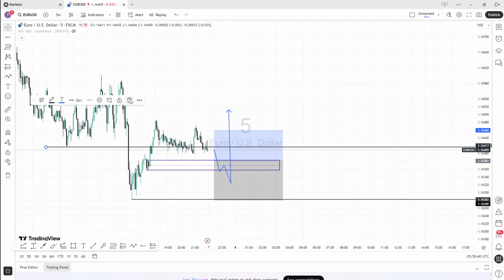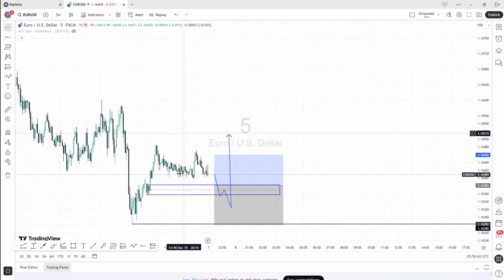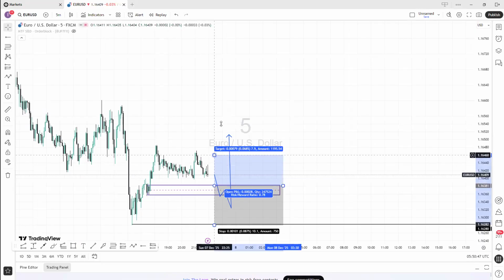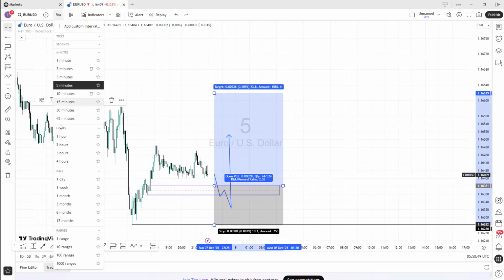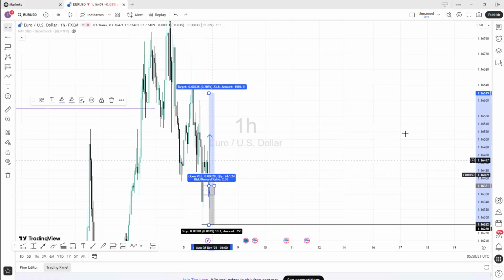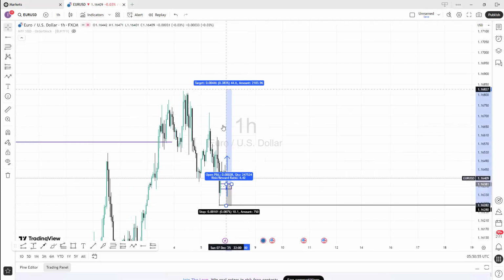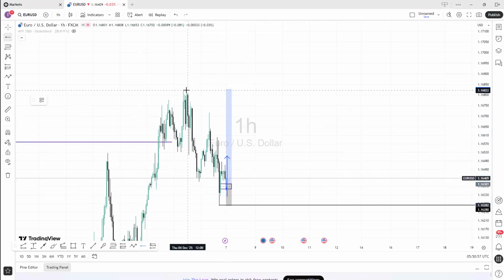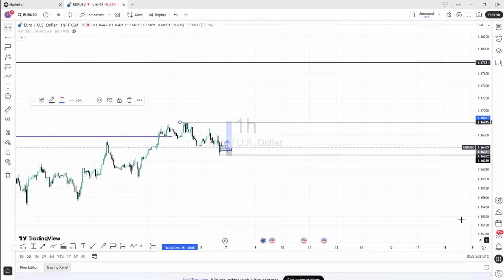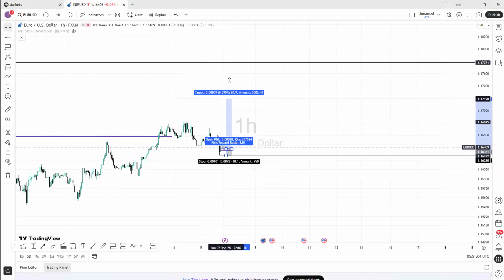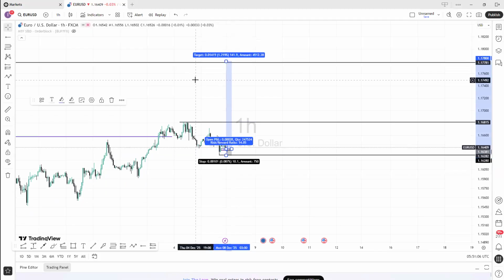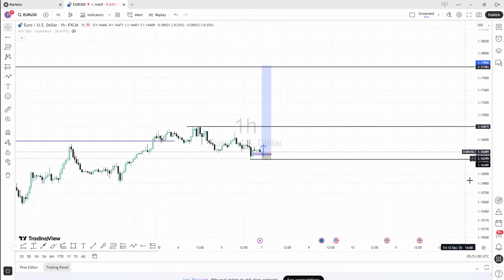Our target: return to the higher time frame to get a clear target. Take profit number one will be on that previous high, and take profit number two will be on that weekly high.